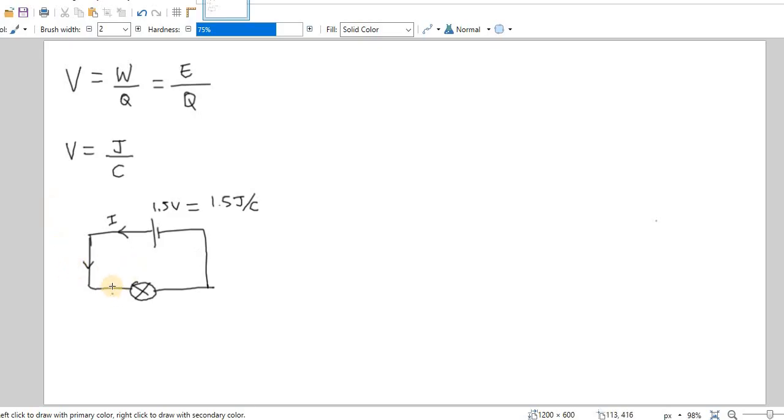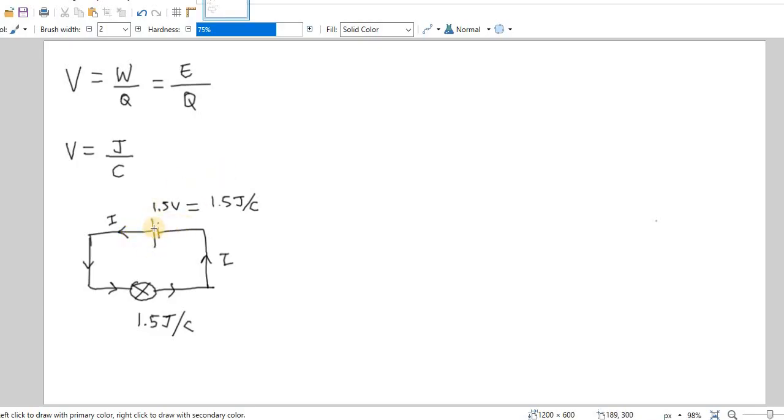But at the lamp, the electrical energy is used. So 1.5 joules of energy is being used up here for every coulomb that is passing through this lamp. So here the energy is used up, and here the energy is given by the cell to the electrons or coulombs of charge.